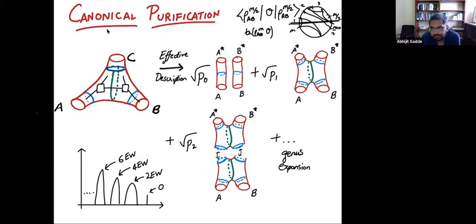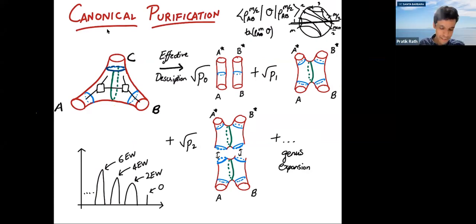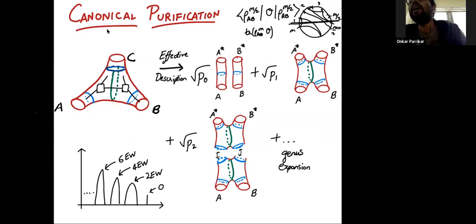Thanks. And Pratik, in your JT gravity calculation, presumably you can also compute the reflected entropy between, say, the black hole system and one of the radiation systems. That's an excellent question. We haven't managed to do that yet. It is a little more technically complicated, but yes, that's what I'm working on right now. I was just wondering whether that would somehow give you a geometric contribution to the entanglement wedge cross section.